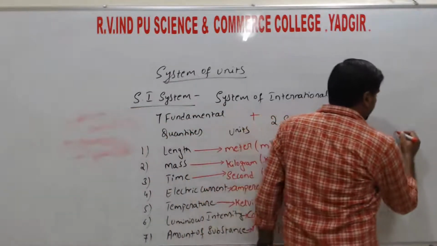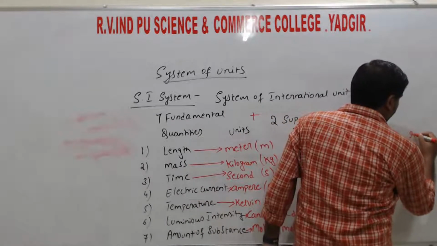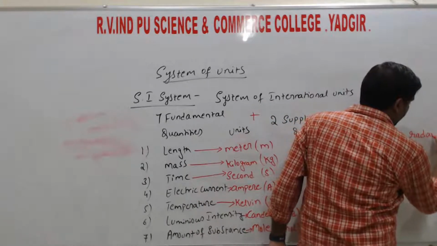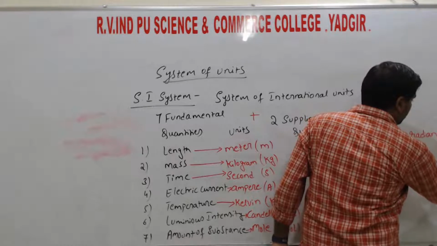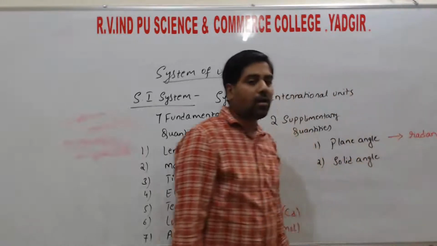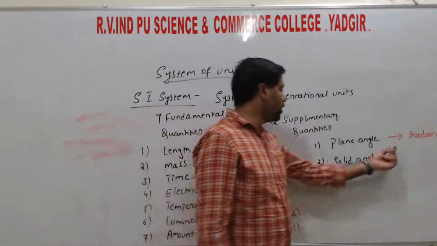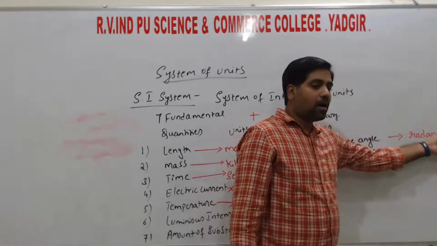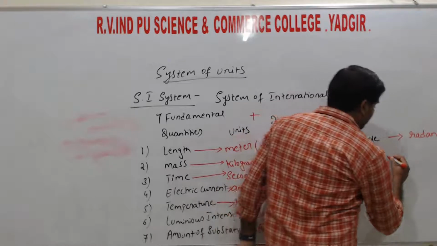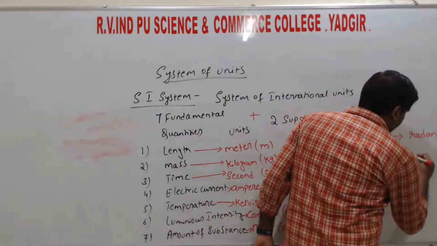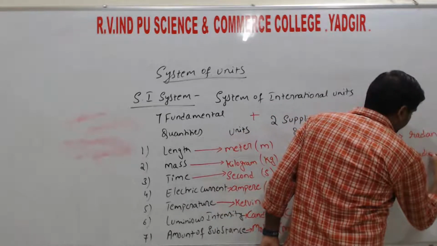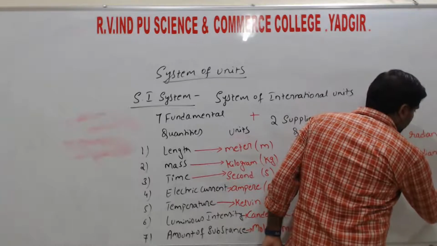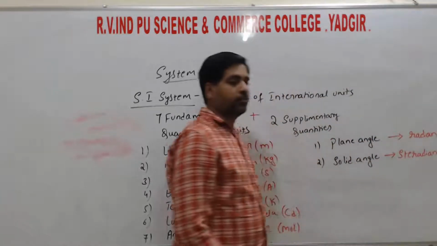The unit for the plane angle is radian, or in symbol, rad. The SI unit of the plane angle is radian, and for solid angle the SI unit is steradian. So the symbol is sr, right?